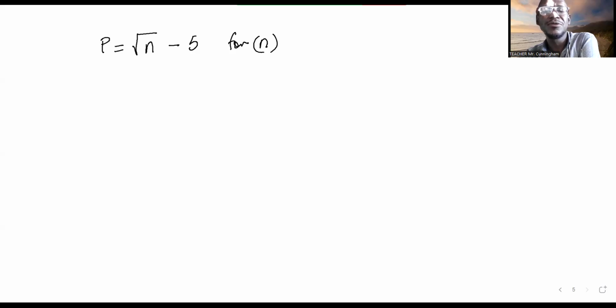Jada, if you remove the square root from the n, you cannot get squared. If you remove the square root from the n, you will only get n. So here, what to do, Jada.